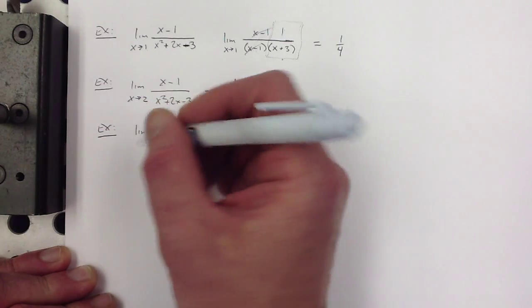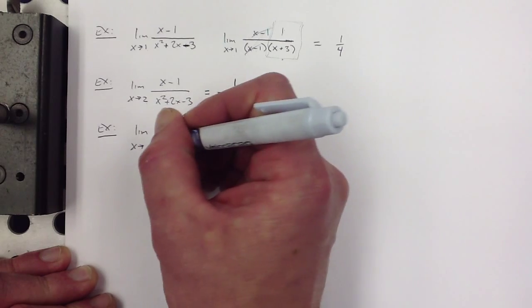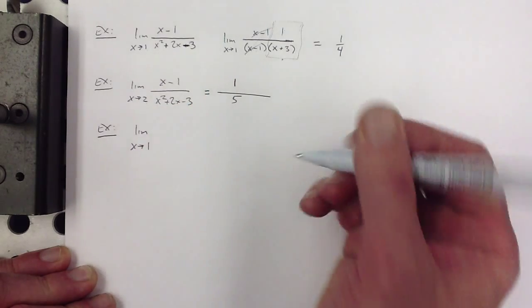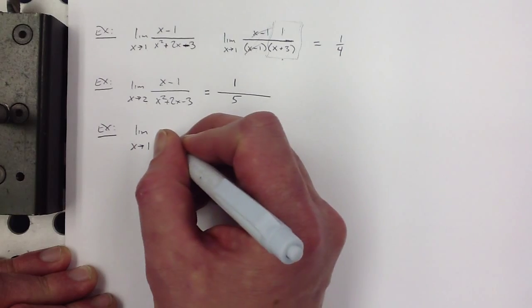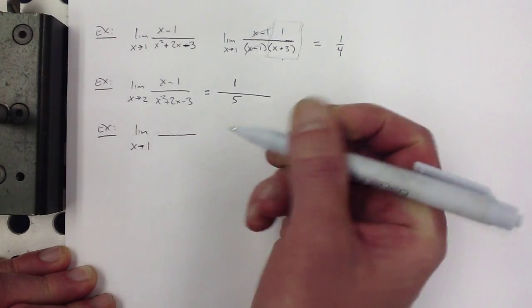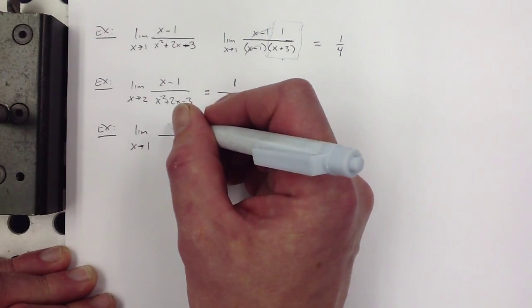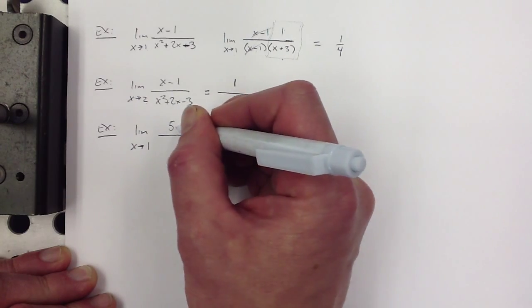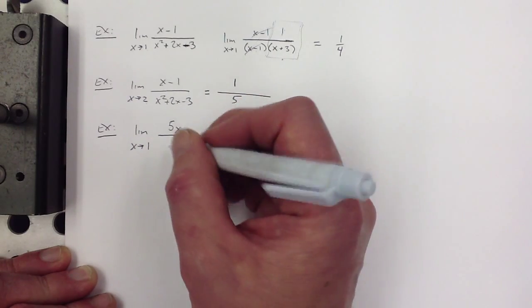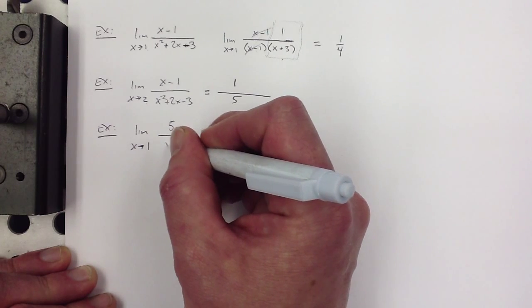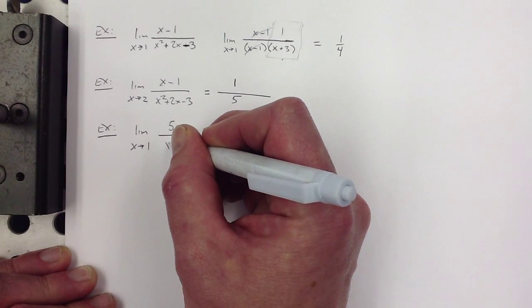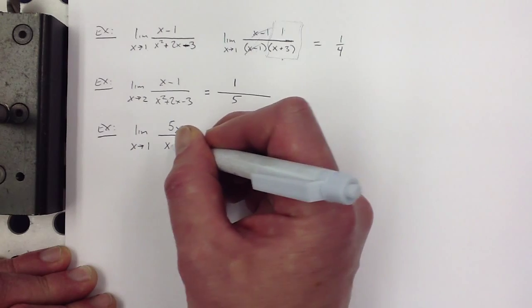What is the limit as x approaches 1 of, let's try, 5x over x minus 1.